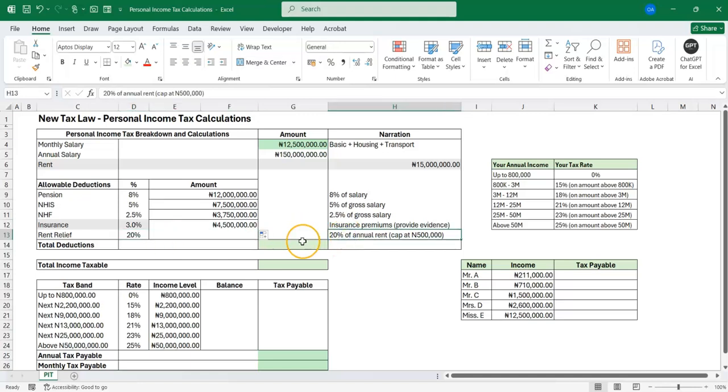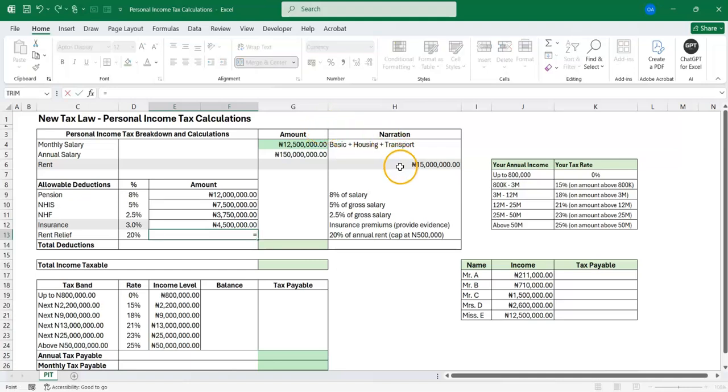As you can see, 20% of annual rent capped at 500,000. So let's calculate. This is the annual rent of Mrs. E, 15 million. So let's calculate 20% of 15 million. So we say equals 15 million times 20%, and then we have it to be this. And then see that 20% of our annual rent is 3 million.